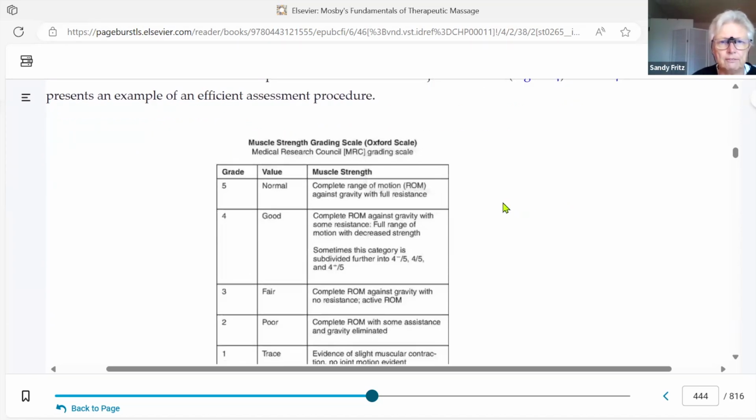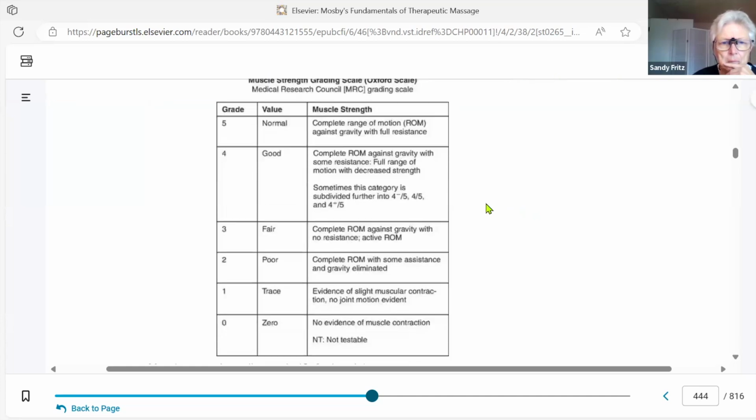We're looking for normal and good. But when it starts to get into this poor, trace, or zero range, that may indicate referral, or there's a logical reason for that. There has been a previous injury. This is the way it's healed. This is the best it's going to get.